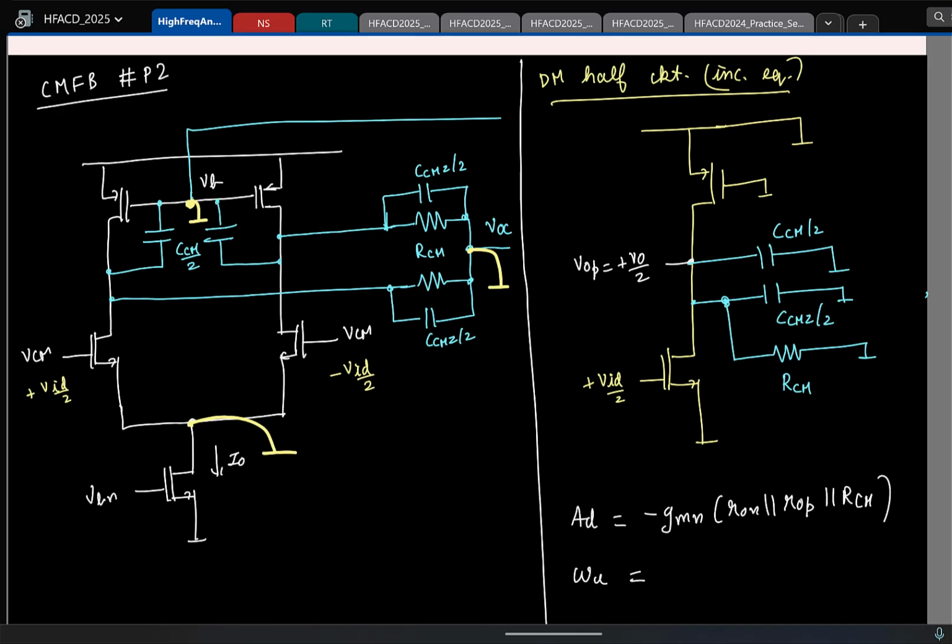Open loop pole, is that it? DC gain times pole. DC gain is GM times R0. Pole is 1 by R0 times C. So effective is GM by C, right? So it is GM of which transistor here? And what is the capacitance you have? So CCM plus CCMZ, right? So this will be your unity gain frequency in this.